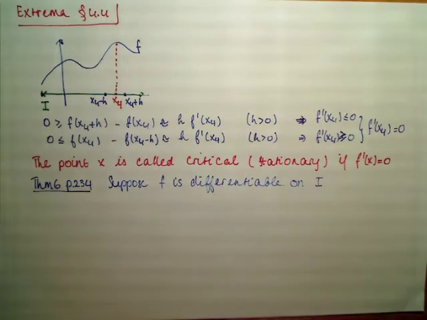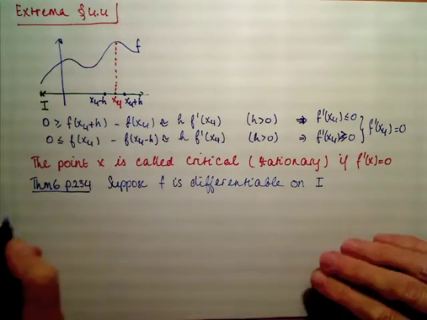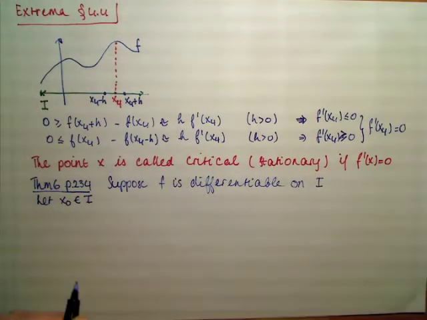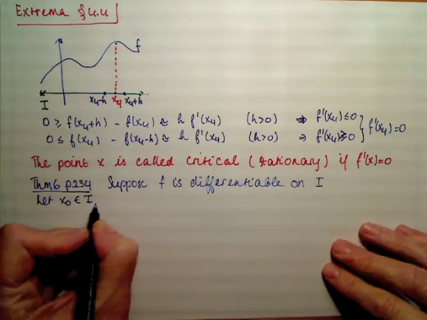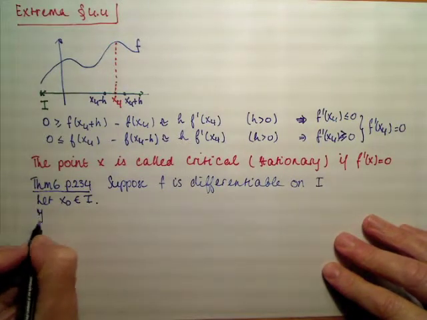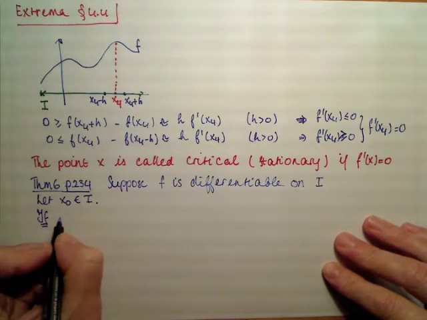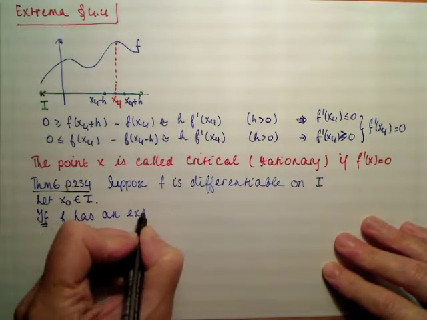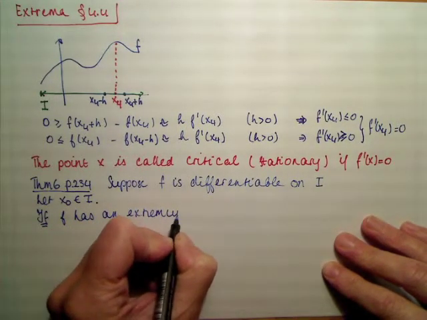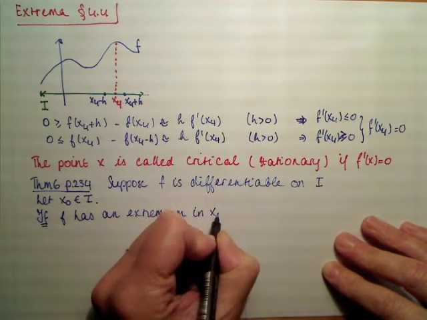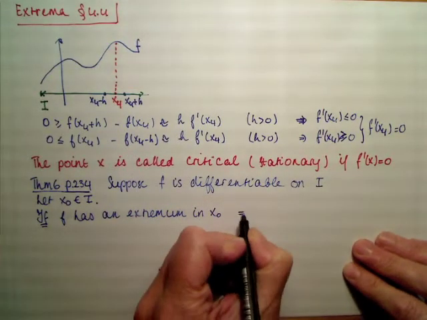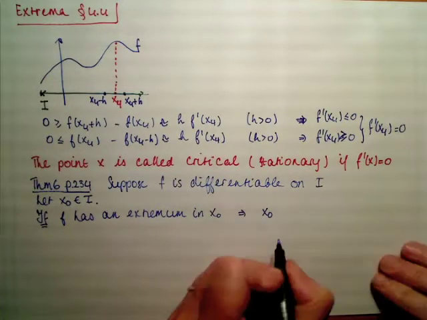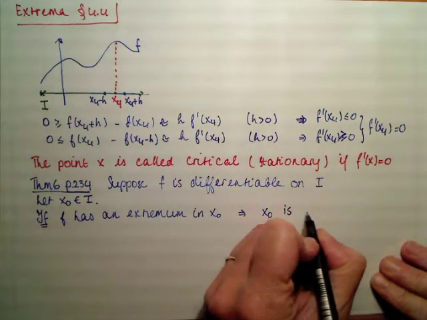Now, we observe that if we have a point in this interval where f has an extremum, so if f has an extremum at that point, then necessarily x0, well, is either a critical point.